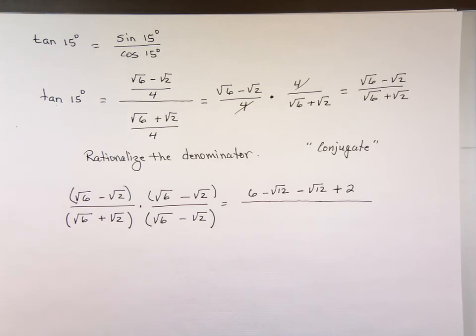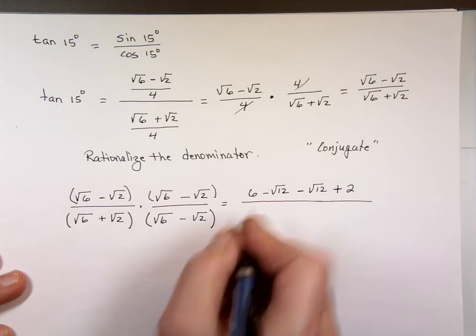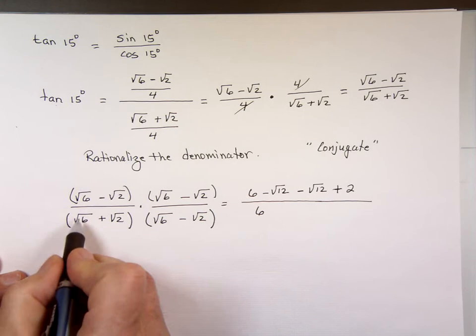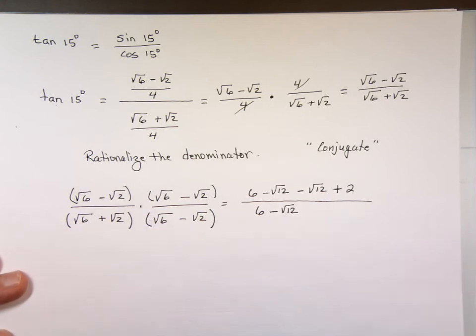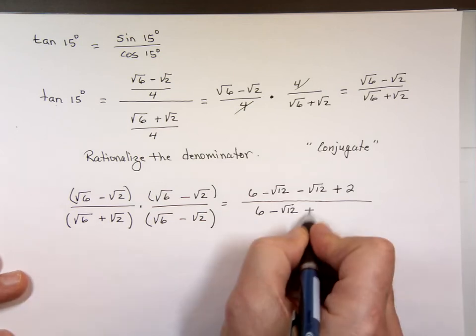Now let's FOIL the bottom. What is the square root of 6 times the square root of 6? That's the square root of 36, which is 6. This will be a minus the square root of 12. This will be what? Plus the square root of 12.